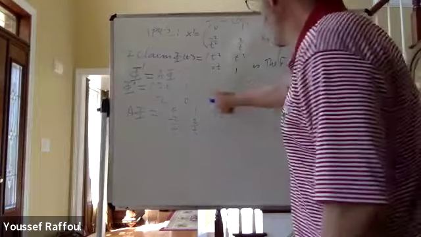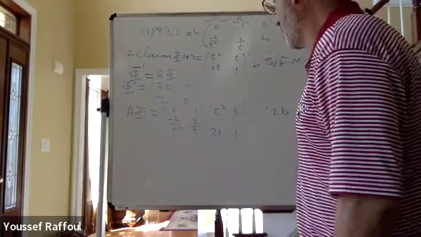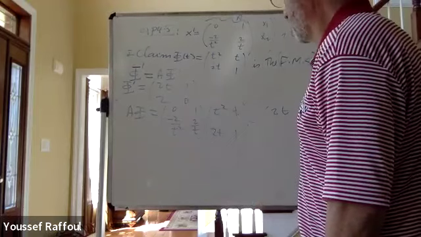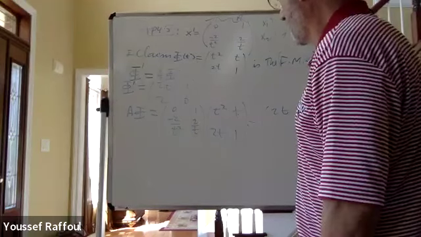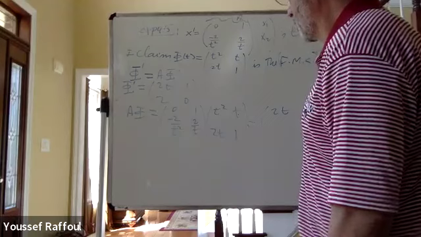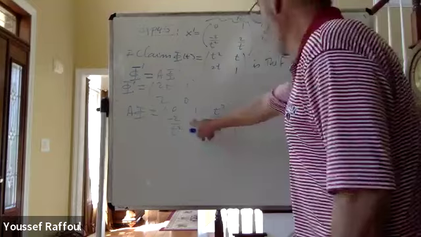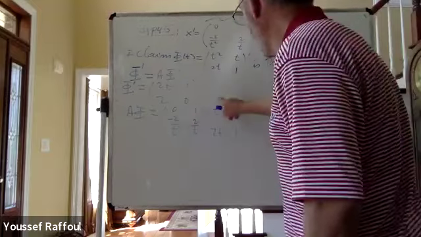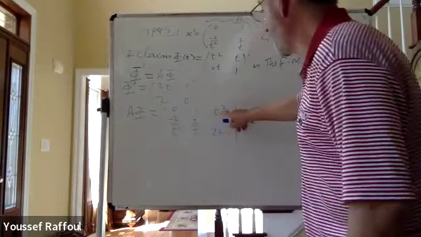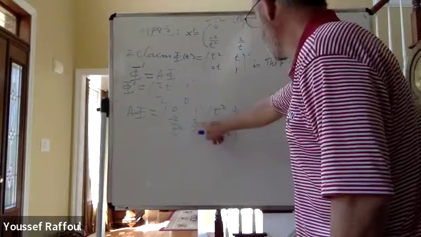Multiplying minus 2 over t squared times t squared gives minus 2, plus 4t over t gives 4.